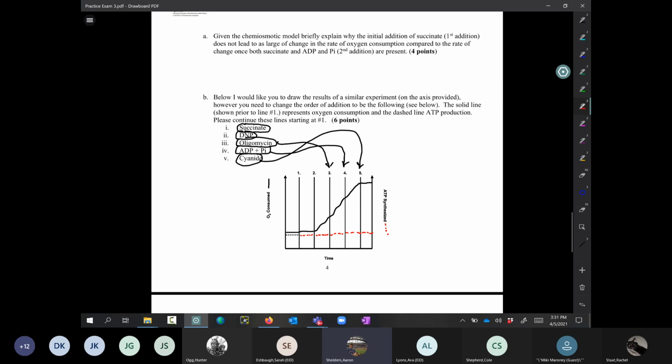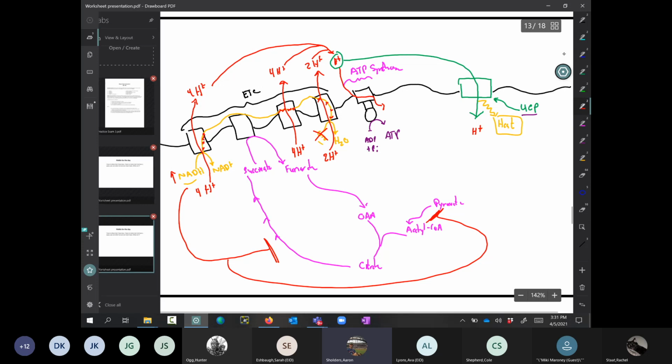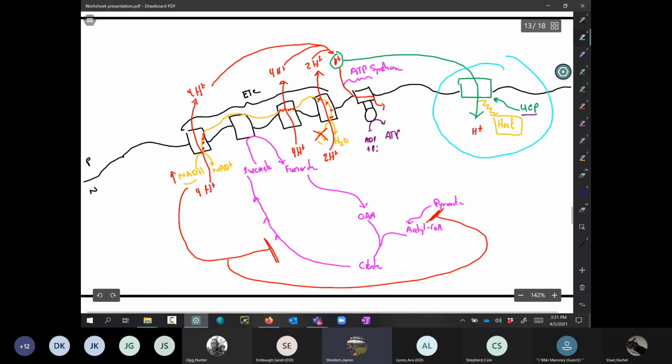So that's what's happening in each of these additions. Once you add DNP, the electron transport chain will just run as if everything is fully functional, even though ATP synthase is not, because DNP is doing what the uncoupling protein does, let's come back here, DNP is doing essentially this.